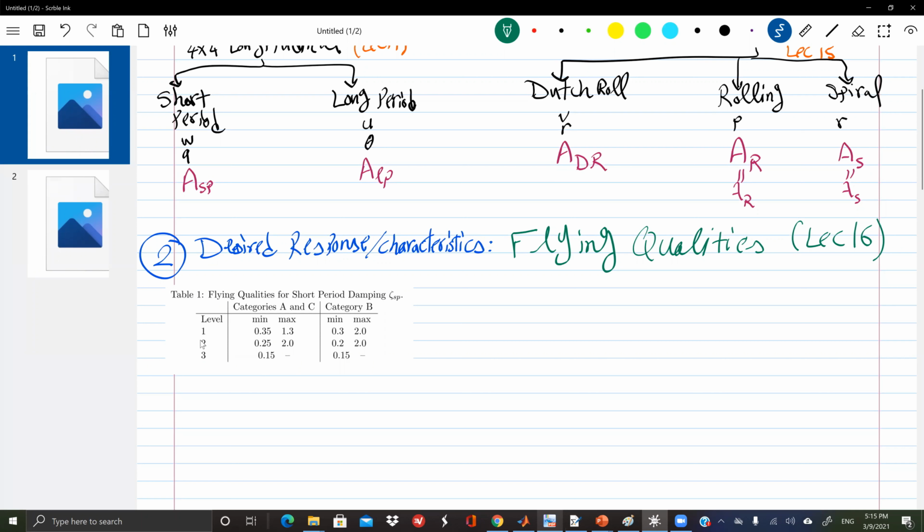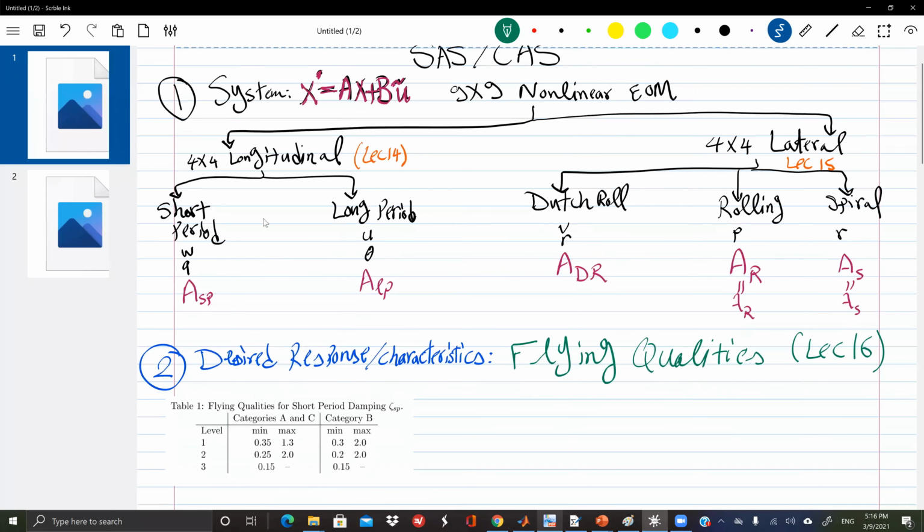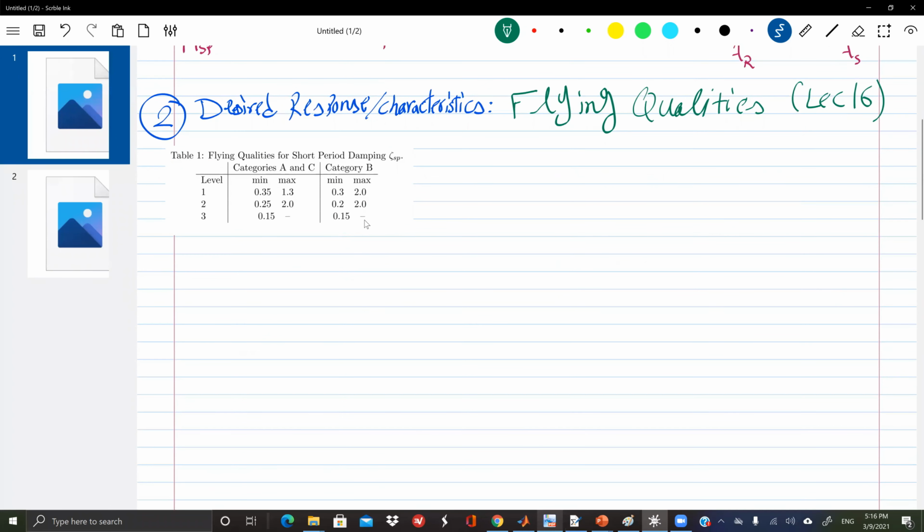Of course, if we want to design, I'm going to design for the best: level 1 flying qualities. I'm going to use these tables to tell me, for level 1 flying qualities, what damping ratio is required, for example. We're going to do this in an example.